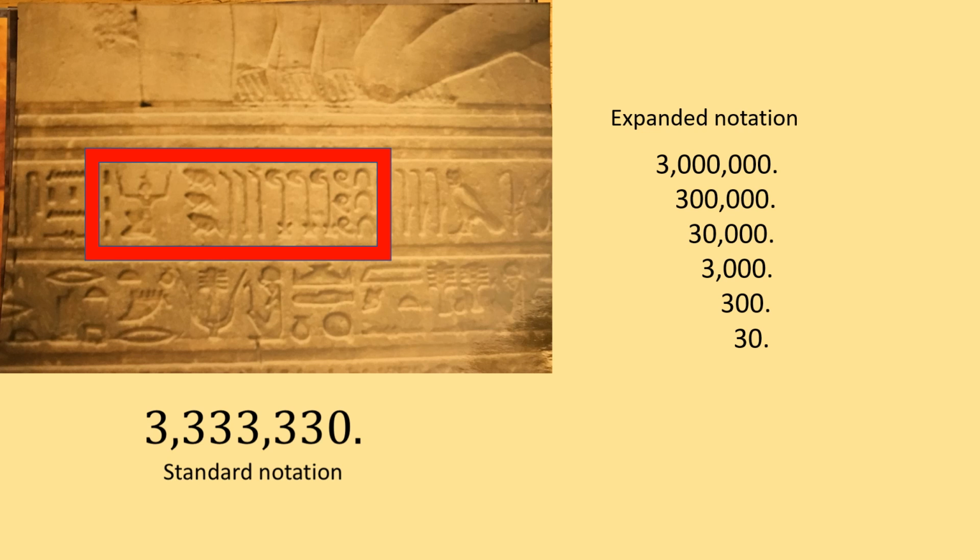I also wrote it in what's considered expanded notation, where we see each three in its place: the three in the millions place, three in the 100,000 place, and so on. If you add that all together, you get 3,333,330.